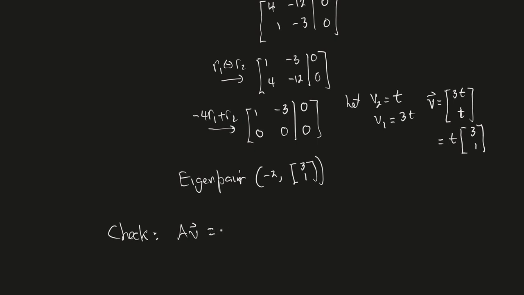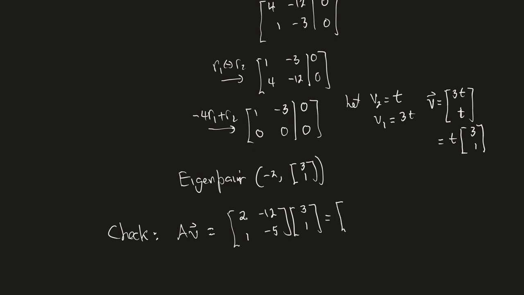So if we take A times v, remember our original matrix is 2, negative 12, 1, negative 5. Take that matrix and multiply this column. We do the same operations we started with, just to see if we can see the relationship between the matrix multiplication and what we now expect to be the scalar multiplication.